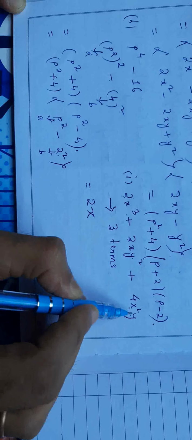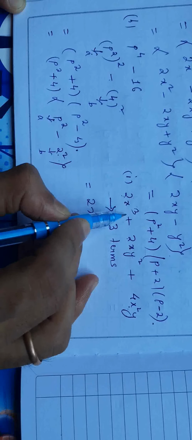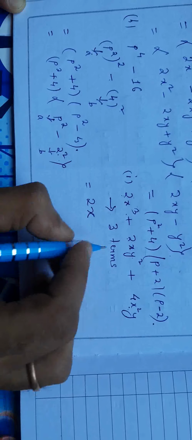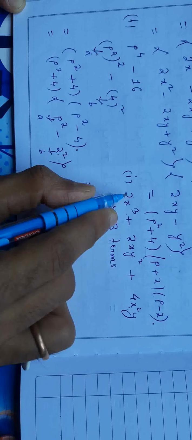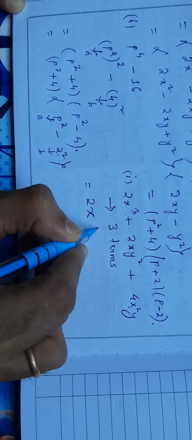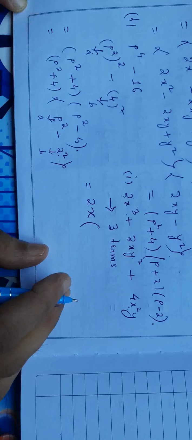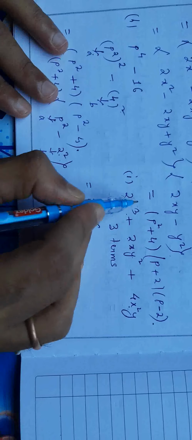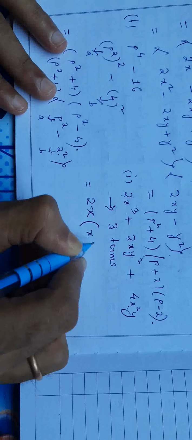Then you have got y here, here y, but here there is no y, so y cannot be taken from all the 3 terms. So 2x we can take from all the 3 terms, and we can write the first term: when we take 2x common, we are left with x square.